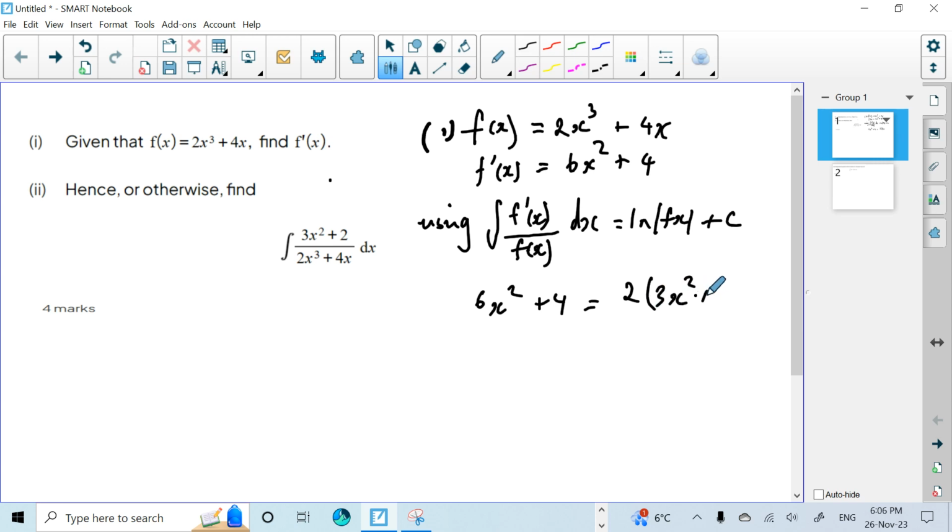So using the rules there, 6x squared plus 4 will factorize to 2 times 3x squared plus 2. And that's part 1 done.